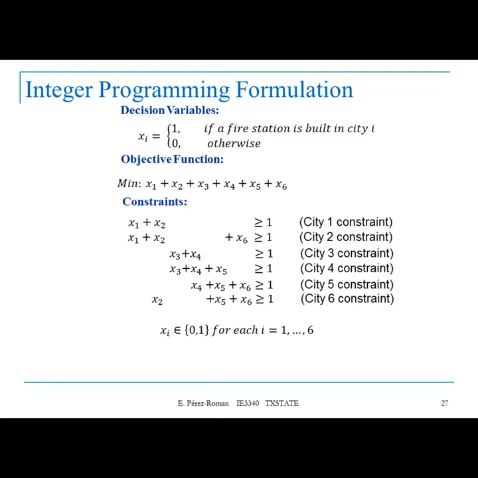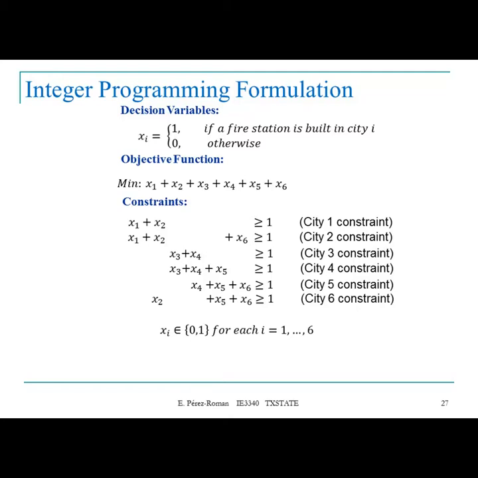X1, X2, and X6 can reach city 2. X3 and X4 can reach city number 3. X3, 4, and 5 reach city 4. 4, 5, and 6, city 5. 2, 5, and 6, city number 6. And you want each of those to be greater or equal to 1, because you want to have at least one station.